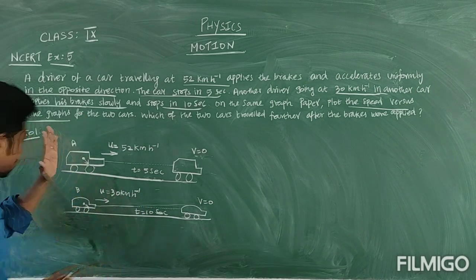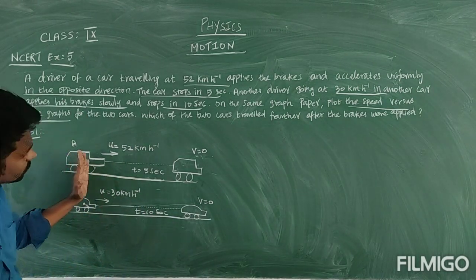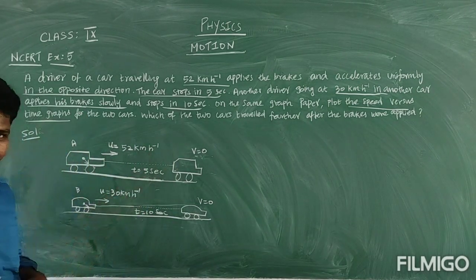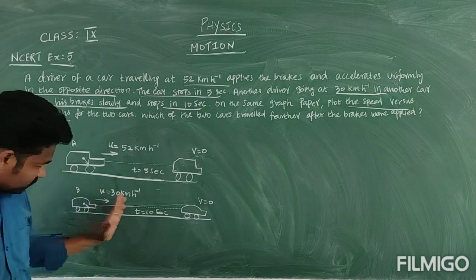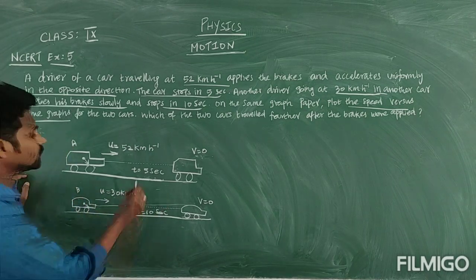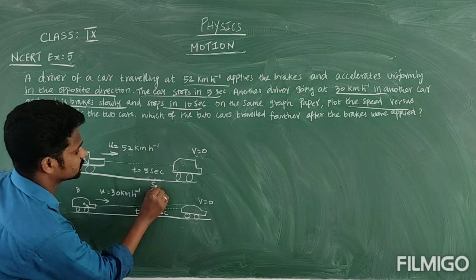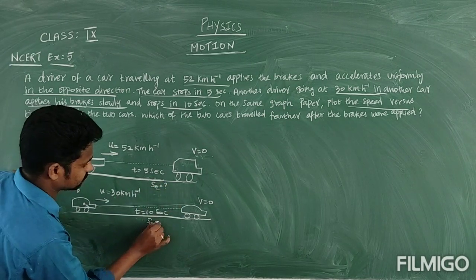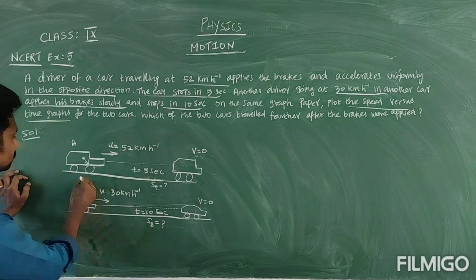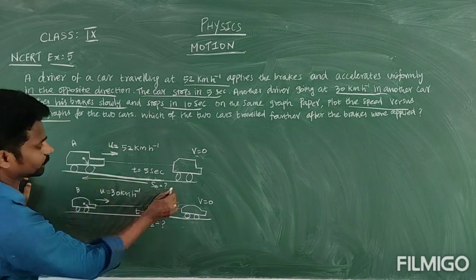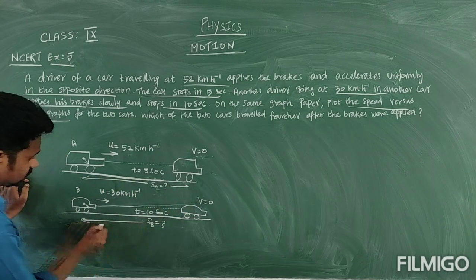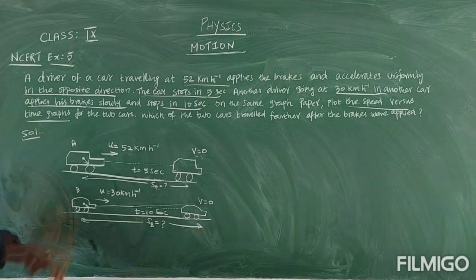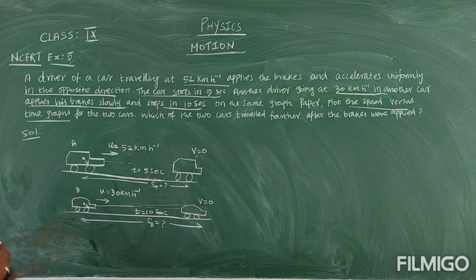So after applying the brake, car A also travels some distance, and car B also travels some distance. So first you should calculate the distance traveled by car A and the distance traveled by car B. Then after that we can compare, as well as we plot the graph.